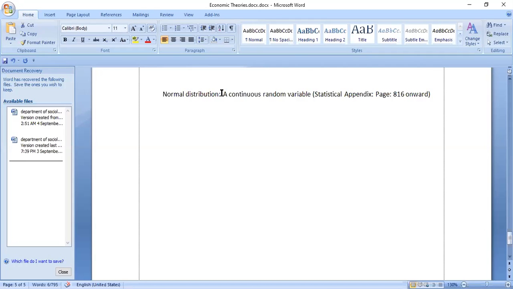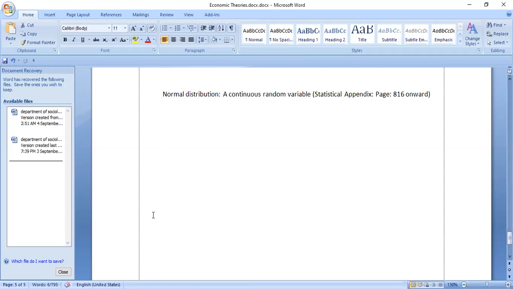That means a lot of things. First, its mean is in the middle. So the mean and median, and also the mode, since the middle things happen most often, are all the same.